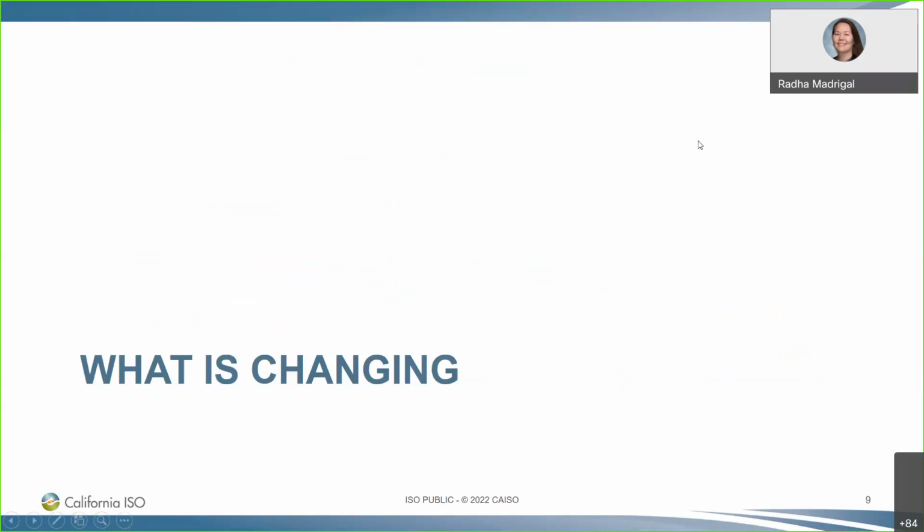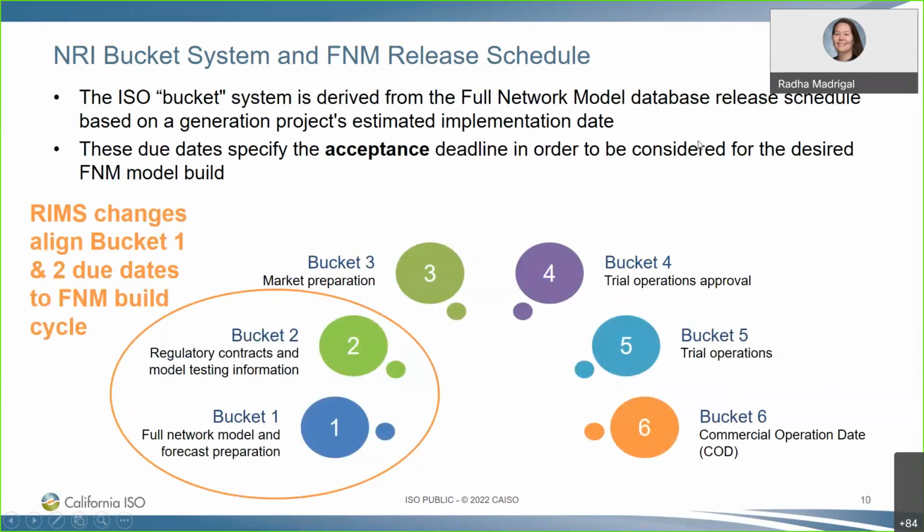So now we'll talk about the changes that are going to be happening. And really, first we wanted to mention that we have what we call a bucket system. There's 6 different buckets to get you from creation all the way through your commercial operation date. And the bucket system is derived from the database release schedule that we have for the full network model.